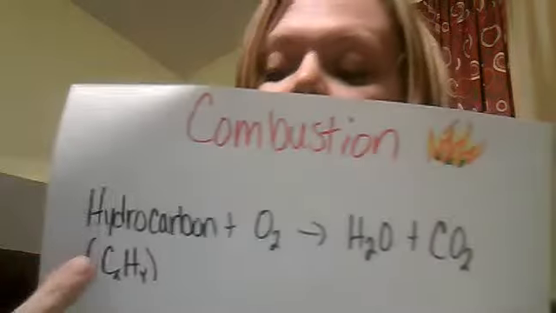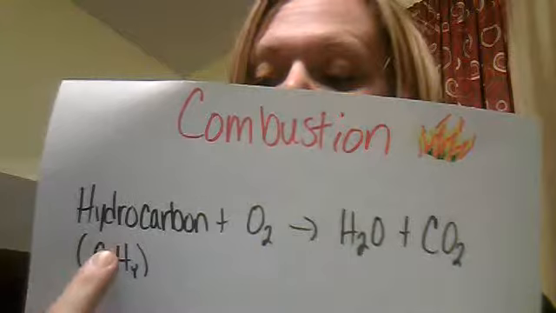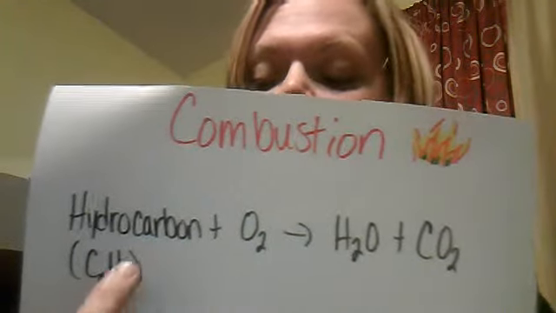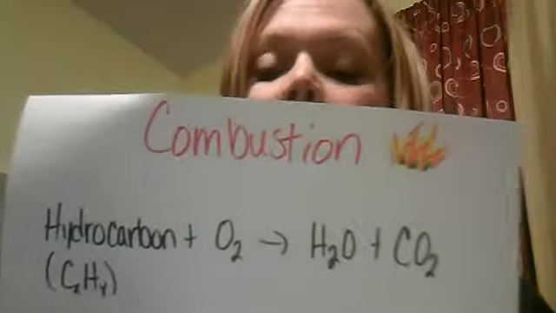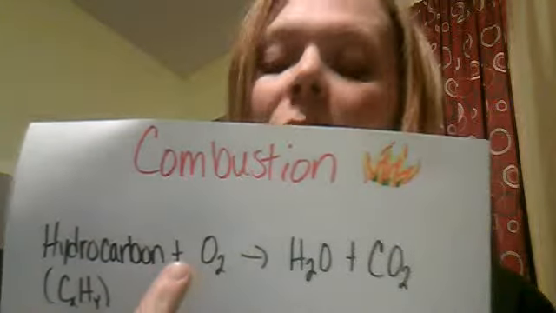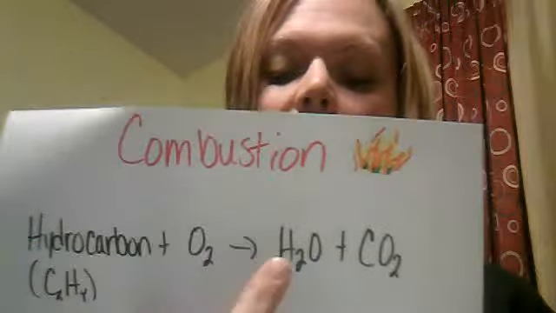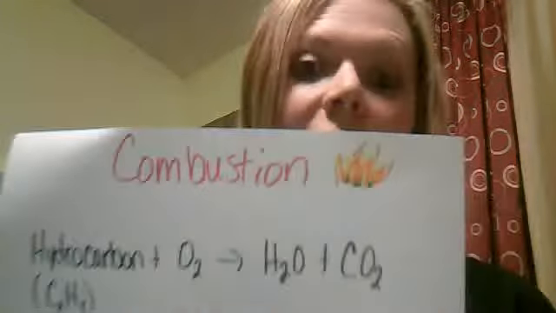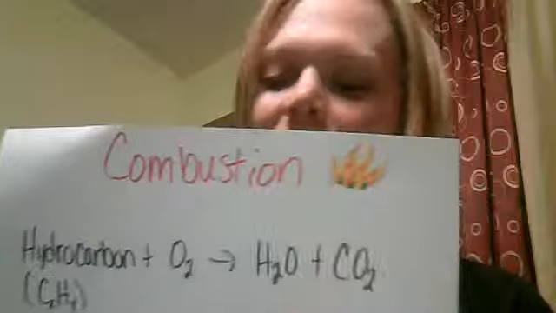Simply with this, you have a hydrocarbon, which is just the number of C's with number of H's. So we have C subscript X, H subscript Y, and again, those can be varying numbers. You react it with oxygen, and your products are always water and carbon dioxide, and of course a lot of energy, hence the flames there.